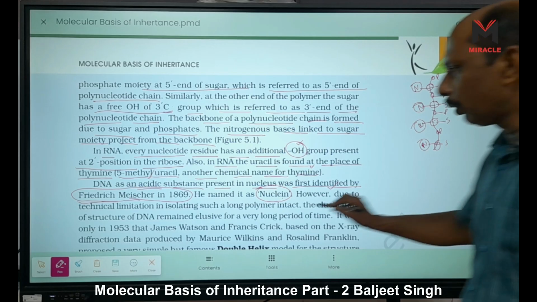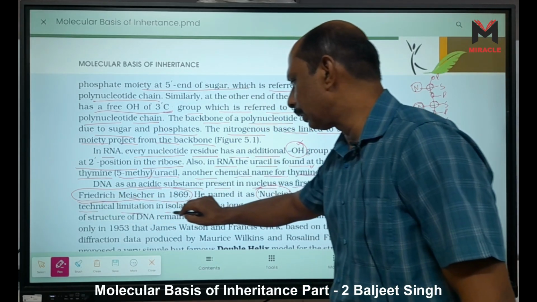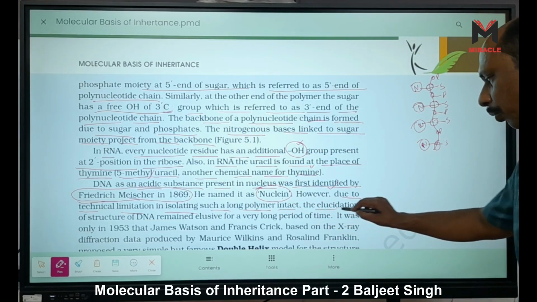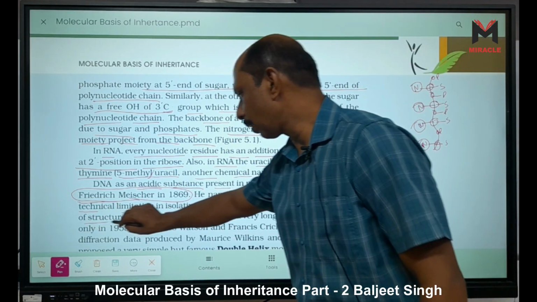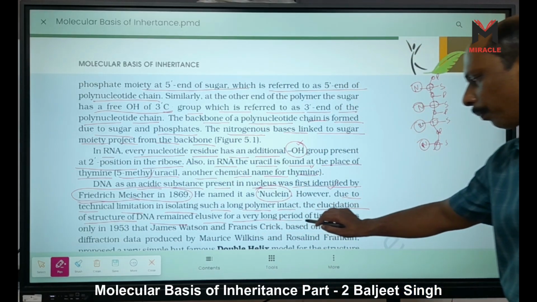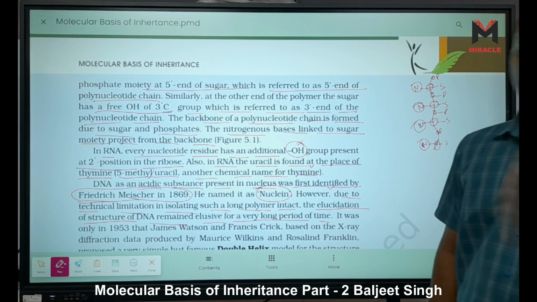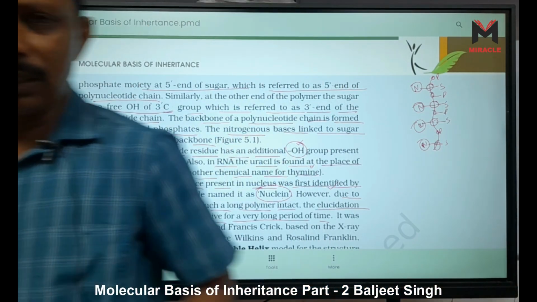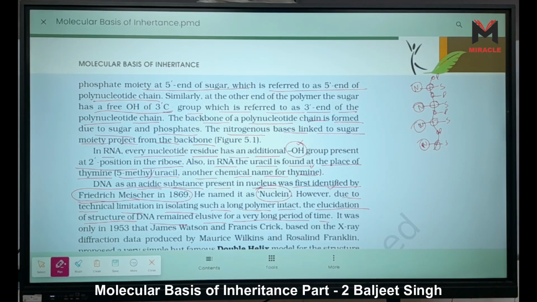However, due to the technical limitation in the isolation of such a long polymer intact, the elucidation of the structure of DNA remained elusive for a very long period of time, because at that time we had many technical limitations. We were not advanced in technology at that time, so the structure of DNA was not confirmed.